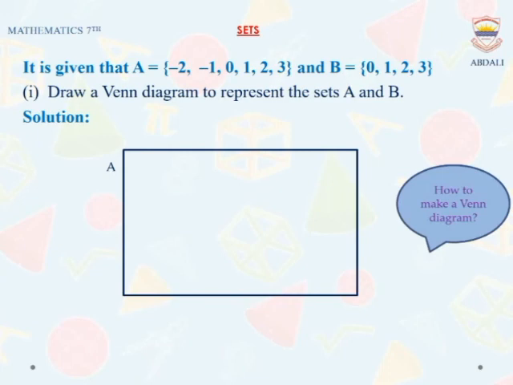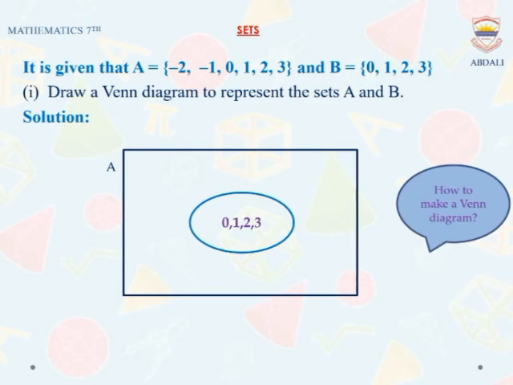So now we have to draw set B. Set B will be drawn inside set A, because all its elements are already in set A. So we will draw this smaller set inside this bigger universal set. We will draw it in an oval shape.